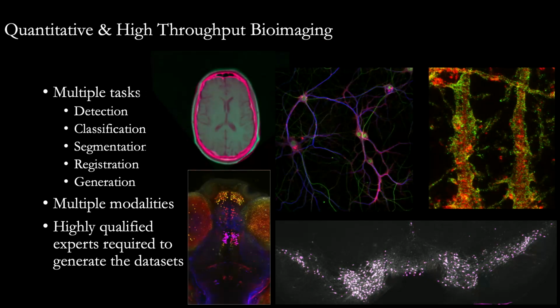And this requires mostly very highly qualified experts to generate the data sets, to acquire the images, but also to analyze them. And ideally, we would want to have models that are able to perform as many tasks as possible on those data sets and be as generalizable as possible.